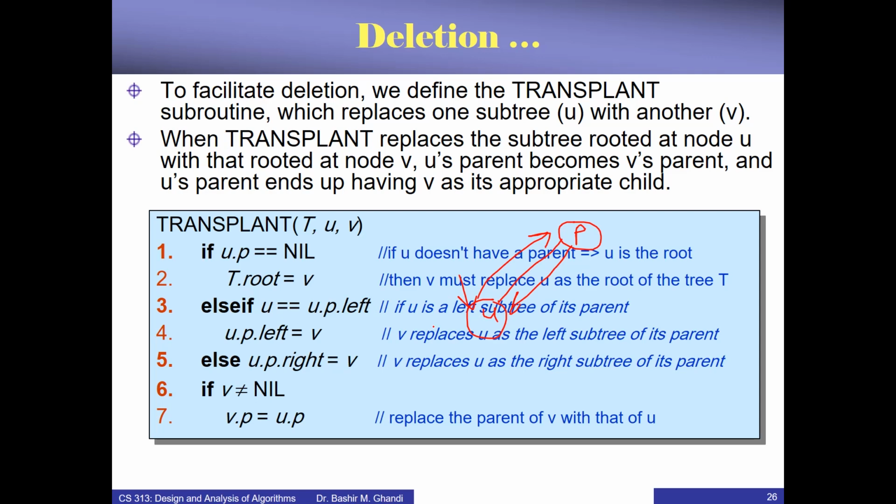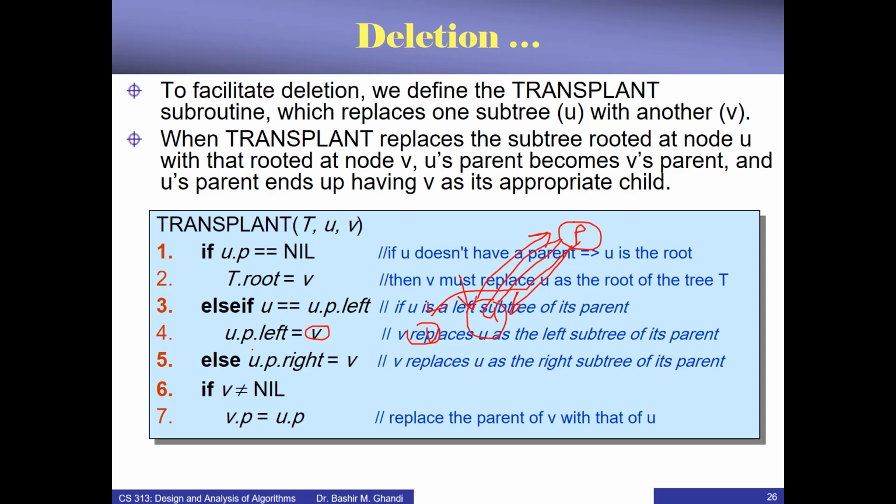If that is the case, we're gonna make V to be that left child. So U dot P dot left becomes V. So V becomes the new left child of the parent of U.